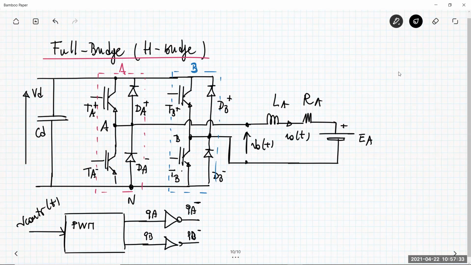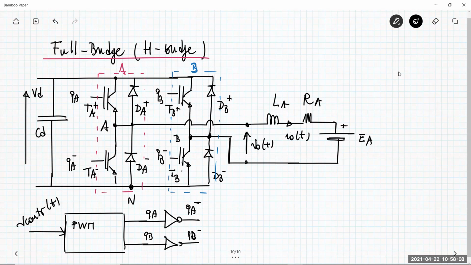QB minus and QA minus are connected here, and here you have QA and QB. Just a single modulator, whose input is the control voltage, generates the two unitary switching functions and their logical NOT version for the low side switches. This is the practical implementation.